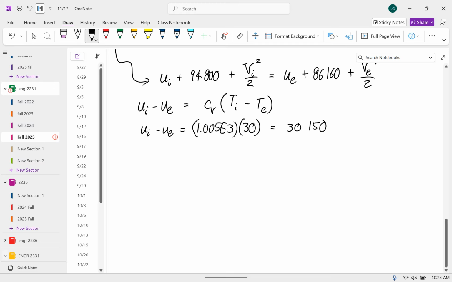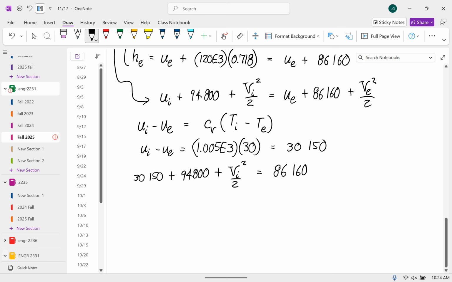And so now we can go 30,150 plus 94,800 plus Vi squared over 2 is equal to 86,160 plus Ve squared over 2.